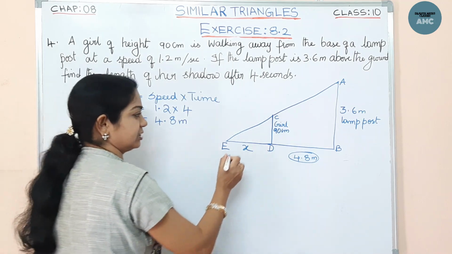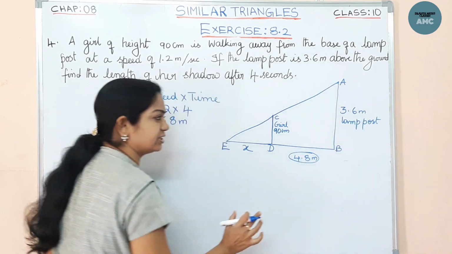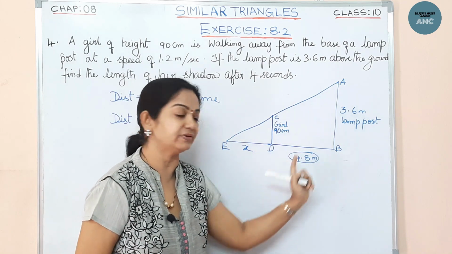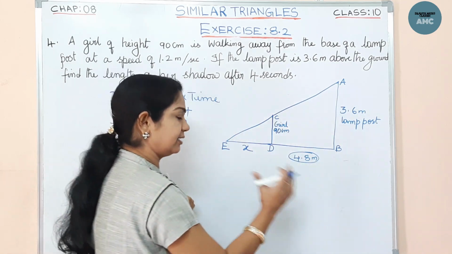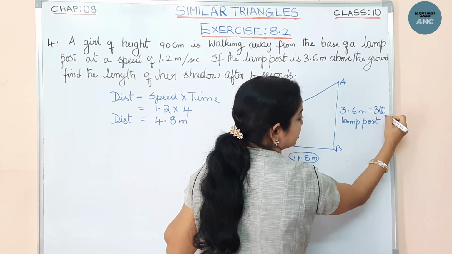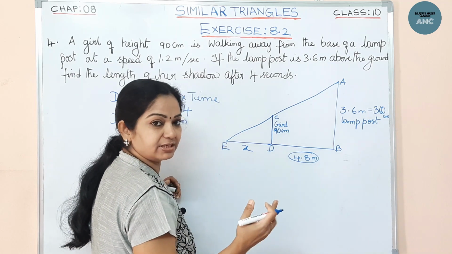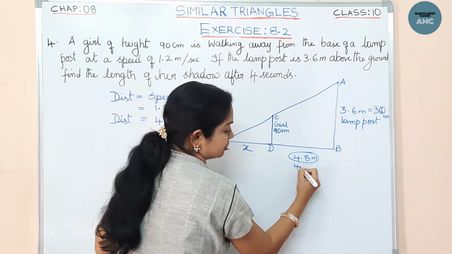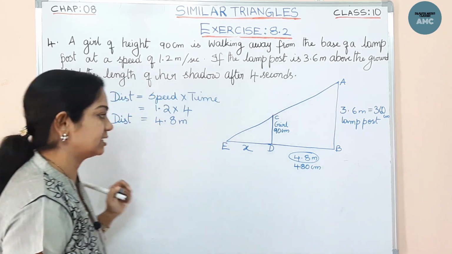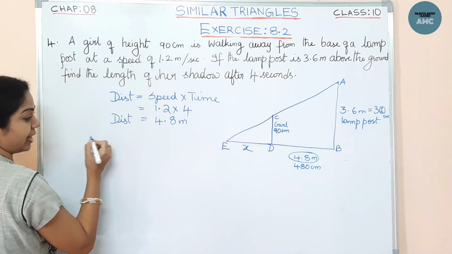Now the girl is 90 centimeters, so let me change all the units to one specific unit. We have to change either into meters or into centimeters. Let us change into centimeters. So 3.6 comes to 360 centimeters. We know that 100 centimeters is 1 meter, isn't it? So 4.8 is 480 centimeters. Now, I am supposing X as her shadow.